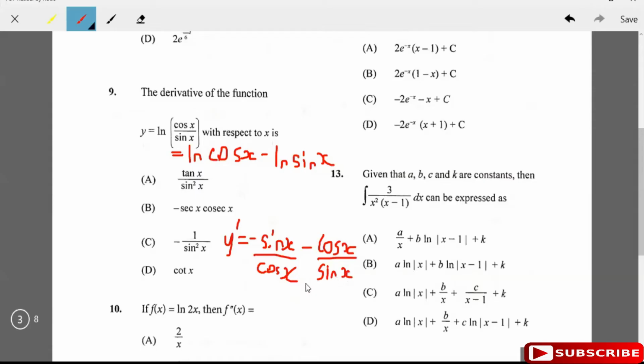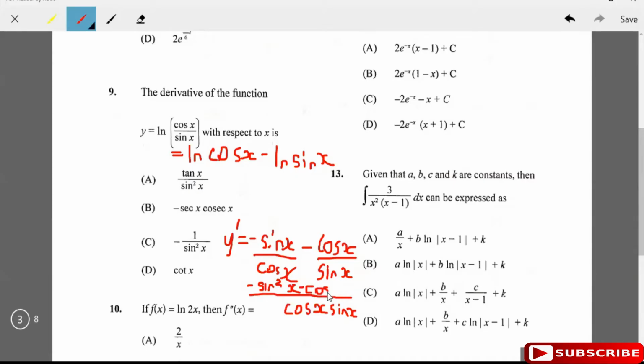The only thing we need to do now is join it as one fraction. So I'm going to join it as one fraction with cos x and sine x as the denominator. And so what we end up getting is minus sine square x minus cos square x.